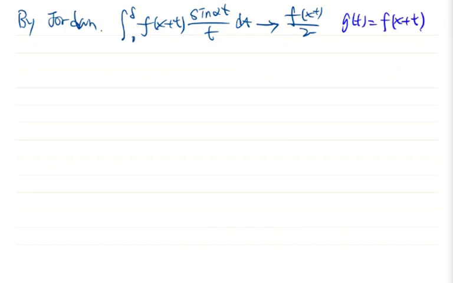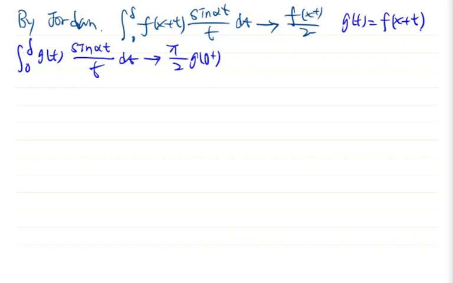Applying this to Jordan lemma, Jordan lemma says that the integral from 0 to delta of g(t) sine alpha t dt goes to half of pi times g(0+). You compare the conclusion of the Jordan lemma, with g taken as f(x+t). You will see that this is true.